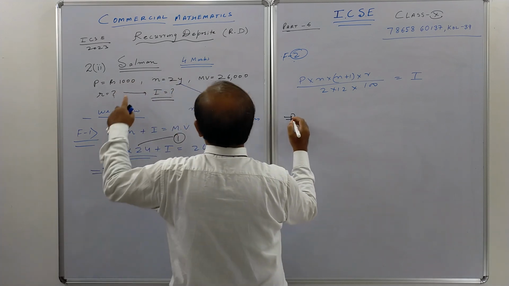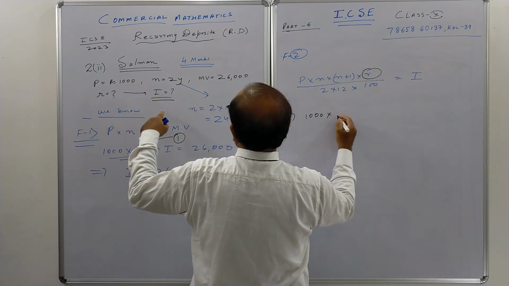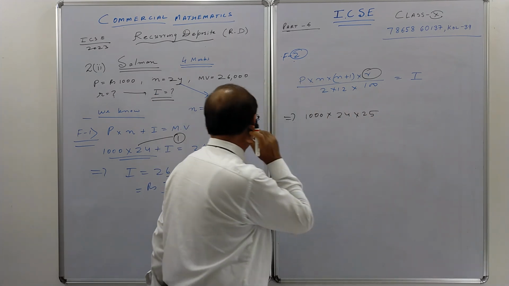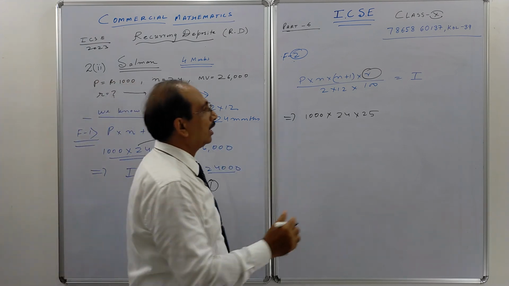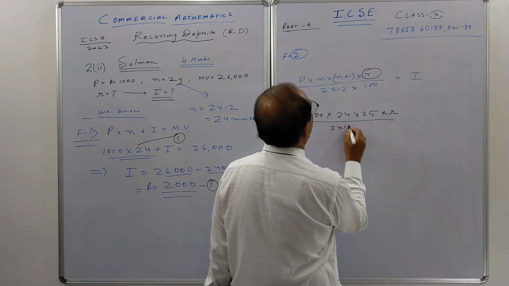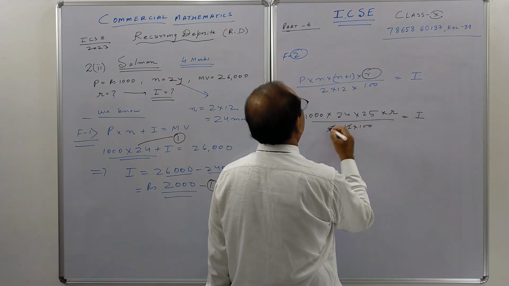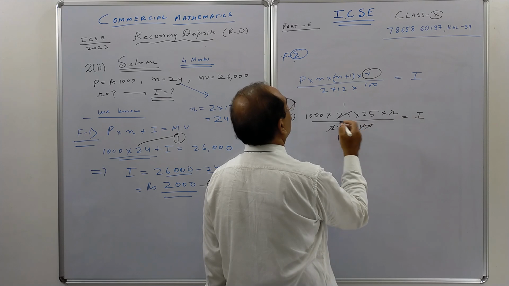So P, children, he puts 1000 rupees. Now we are going to get the rate. Into n, time is 24 into 25. Some children make a big blunder. They write 2 into 3, 2 years into 3. No, time should be in months. R by 2 into 12 into 100 is equal to I. Whatever we can cancel, we cancel: 2 into 12 is 24, which cancels with 24.